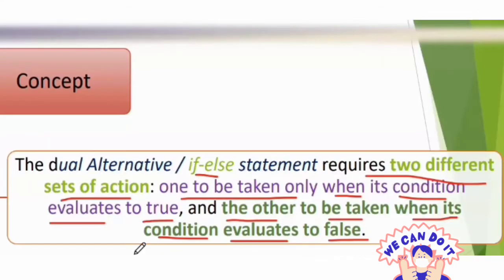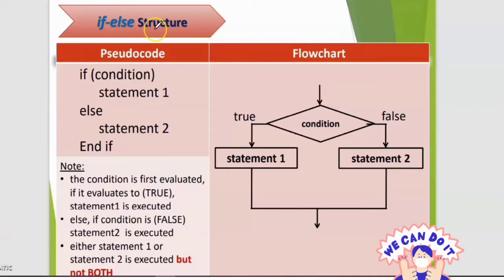statements. If the condition is true, then perform statement 1. Otherwise, if the condition is false, then perform or execute the second statement. For if-else structures in pseudocode, you write if followed by the bracket, you write the condition, statement 1, else statement 2, then end if.